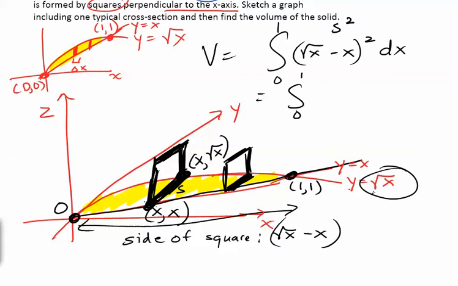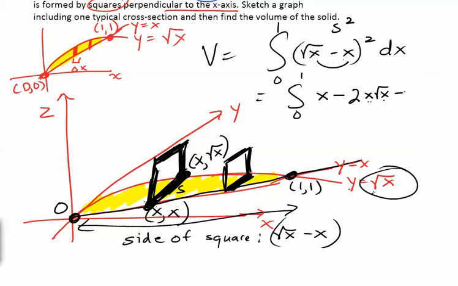So let's see if we can FOIL here. Square root of x squared. Our outside-inside product, when we multiply these, gives us x times square root of x. So we'll have 2 of those. However you want to write that, we'll write it with an exponent next.